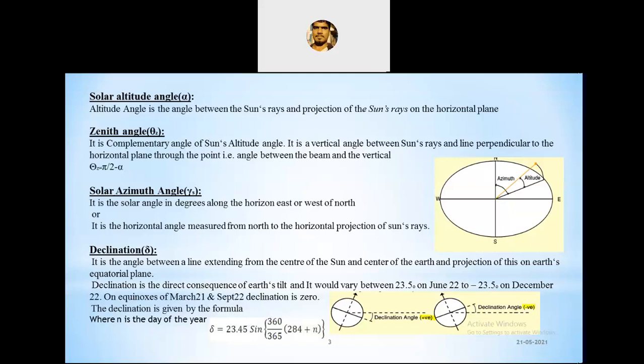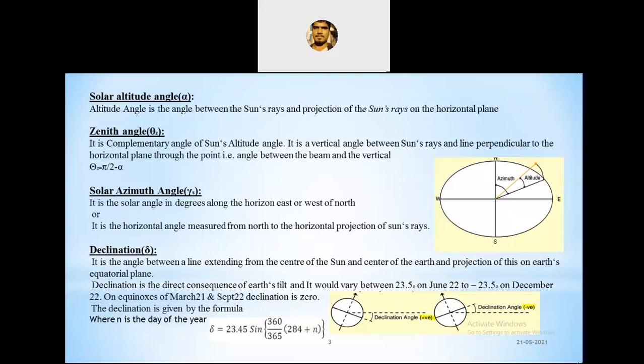The next definition is the solar azimuth angle, gamma s. It is also a solar angle in degrees along the horizon, east or west of north.